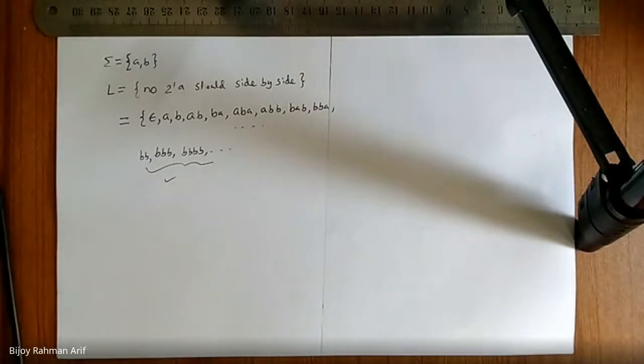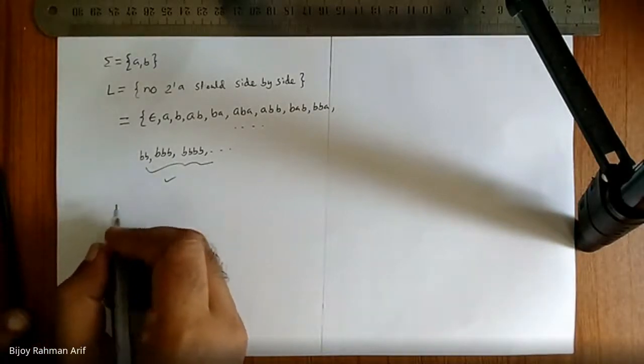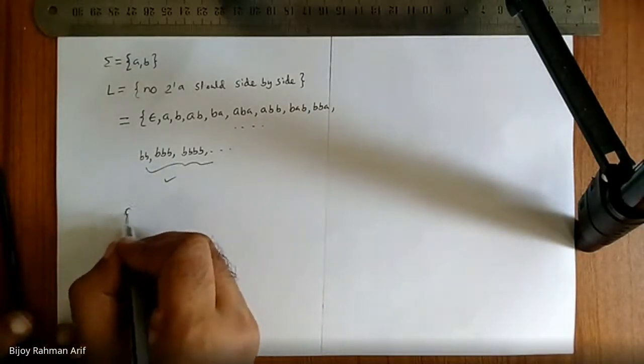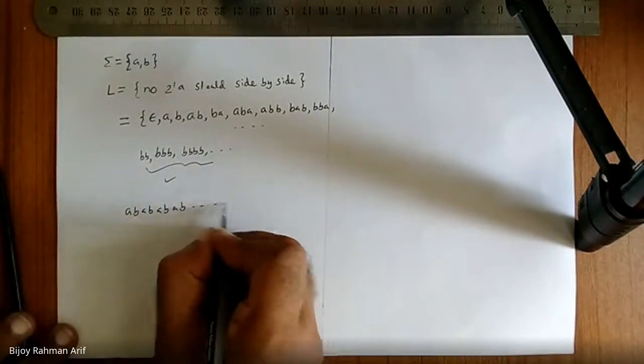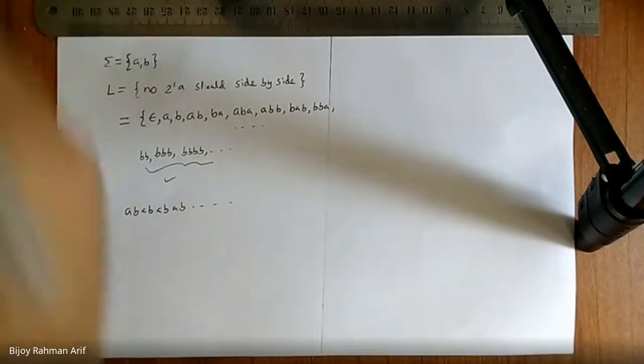So watch carefully. It would be like this. Maximum strings are like this: AB, AB, AB, AB, and so on. So this is my strategy.